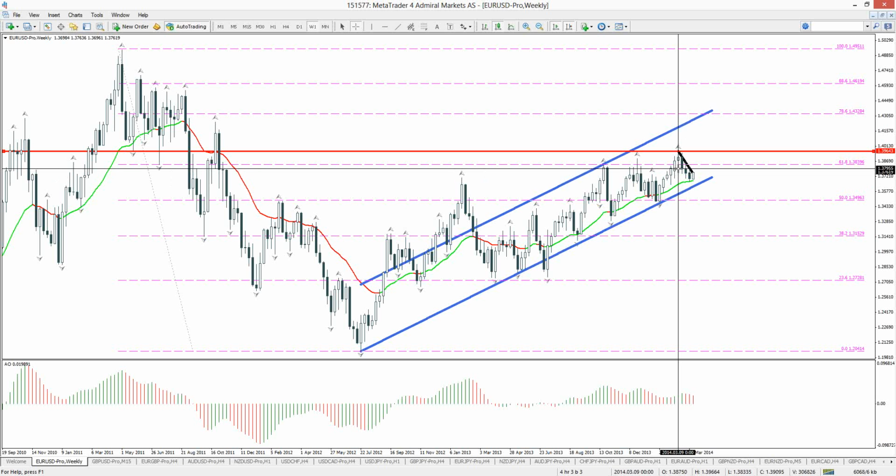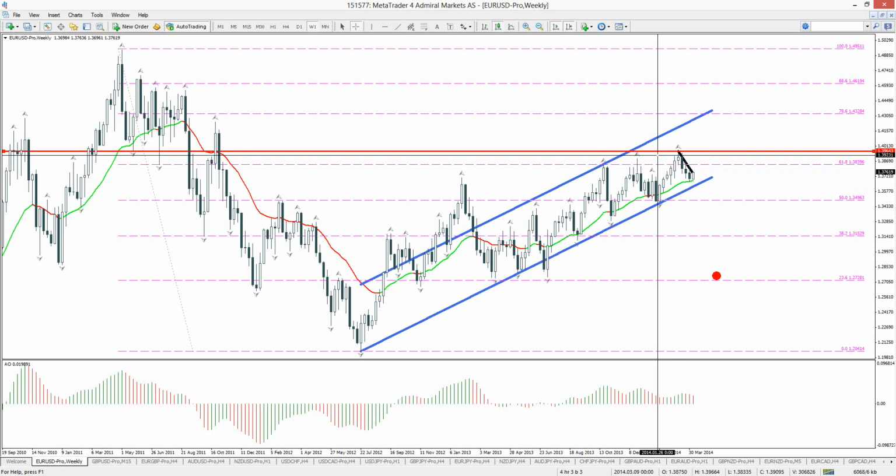Now, I'm flexible. I really don't have any emotional attachment to that analysis. If it doesn't go up there and we fail at a double top and we start to move down and break this trend channel, hey, I don't care. Fine by me. We can trade it to the downside. It has nothing to do with what I hope or what I think.